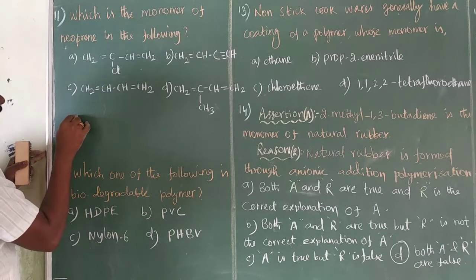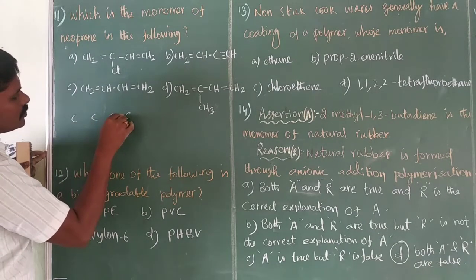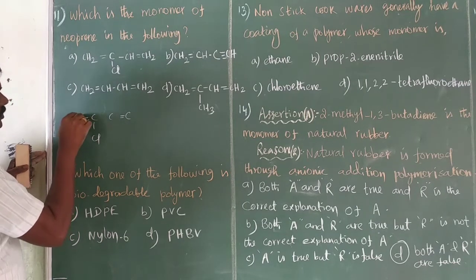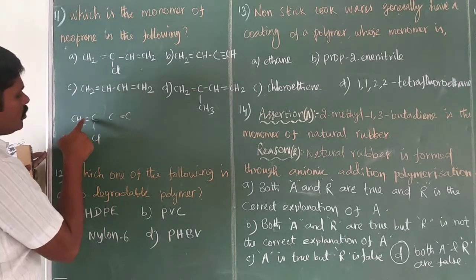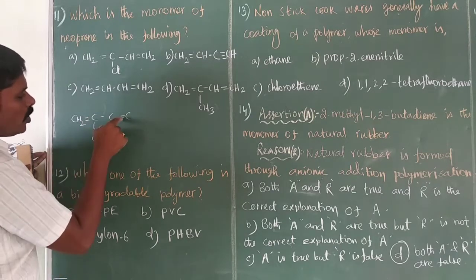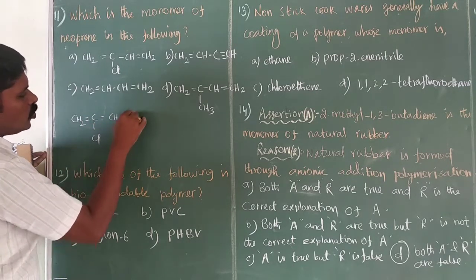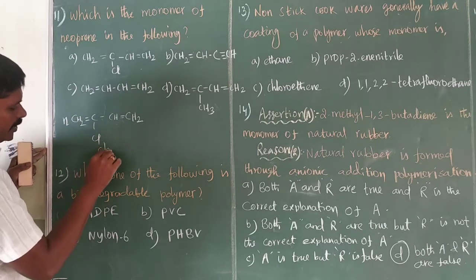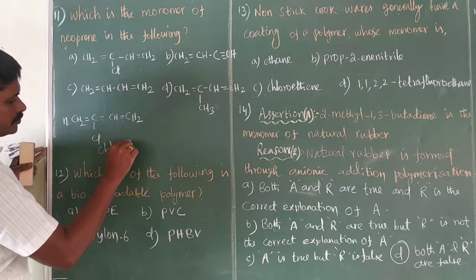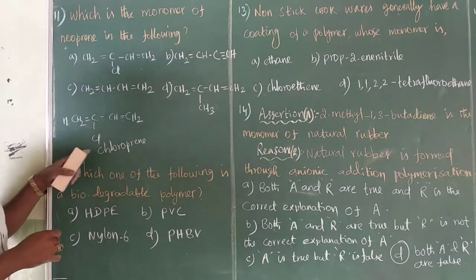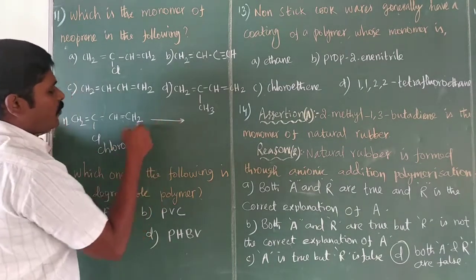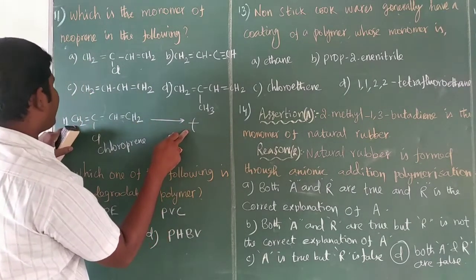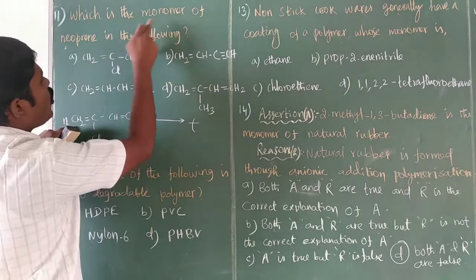So chloroprene: Cl, CH2, carbons 1, 2, 3, 4, CH2. The n number of chloroprene involve free radical polymerization, which gives n number of neoprene.